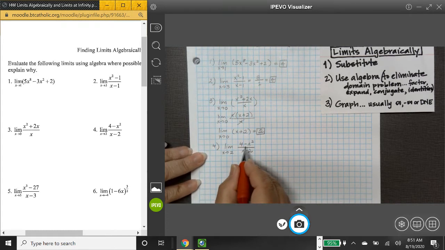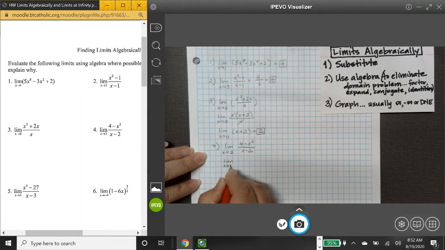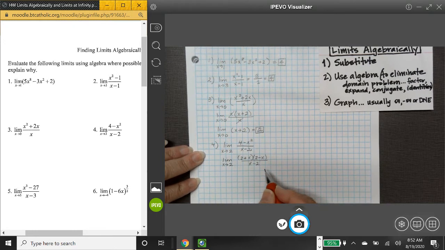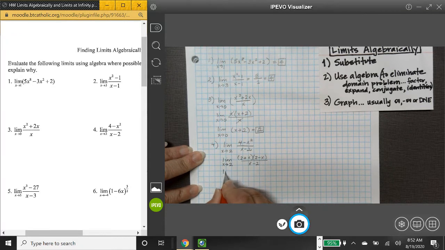And I notice that this numerator does indeed factor, so let's try that. The difference of squares. So this is going to be (2 plus x)(2 minus x) over x minus 2. Which is not necessarily helpful because these are opposite signs. So what I'm going to do is factor a negative out of either this term here or this term. It doesn't matter which.